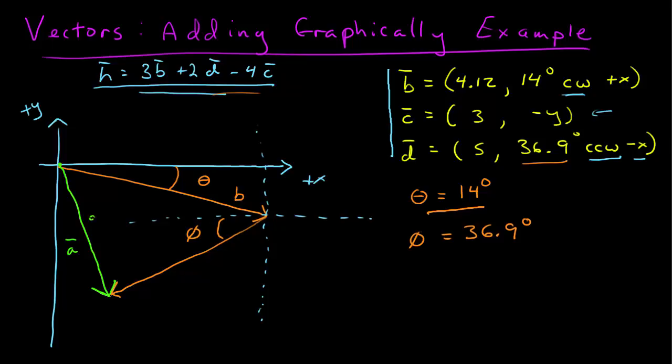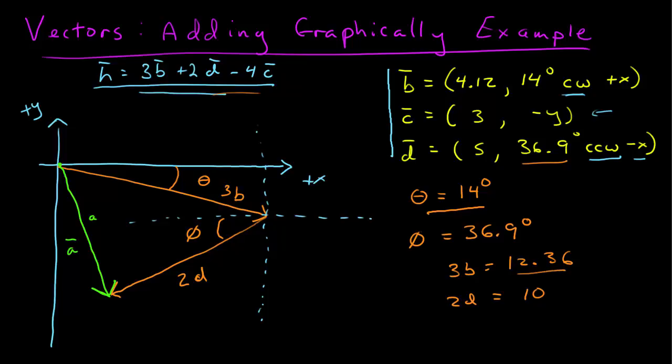This vector a is going to have a length a, and this has a length of 2d. This has a length of 3b. 3b is equal to 12.36, and 2d has a length of 10. I don't know exactly what these lengths are, I just sort of drew them freehand.